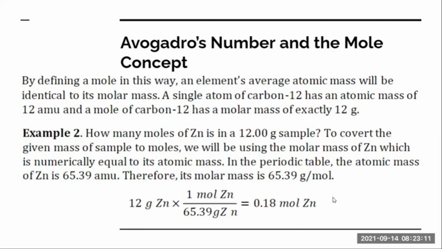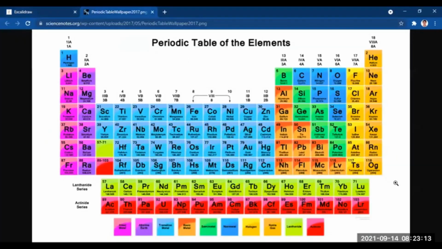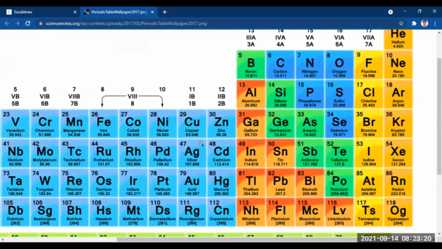We look for zinc in the periodic table. So zinc, Zn, this one. The molar mass of zinc is 65.38. Let's go back to the presentation.